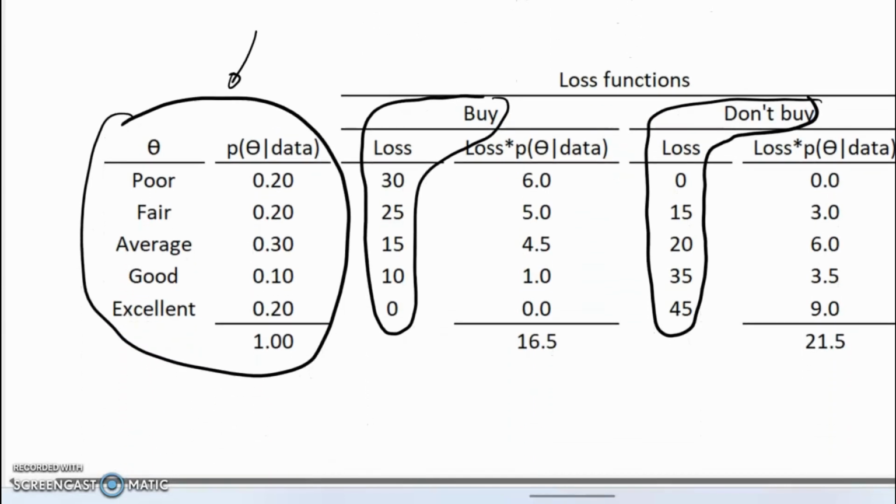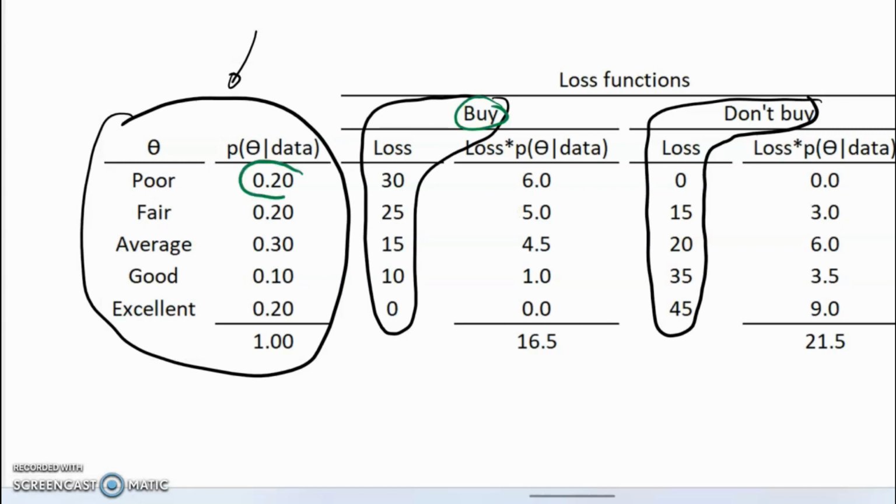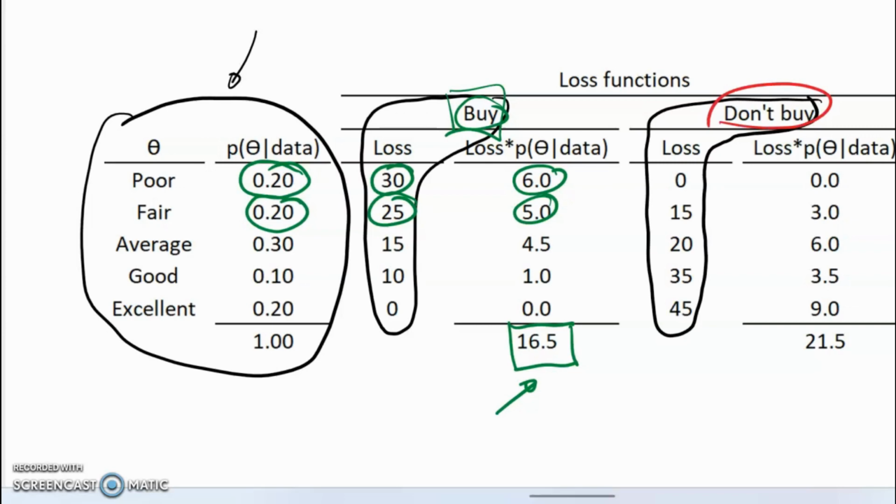So if we begin with buying the book, we take the 0.2, we multiply by the 30, we get the 6, the 0.2, multiply by the 25, the 5. We sum that up, and that gives us the expected loss if we buy the book. And then we repeat the process for not buying the book.